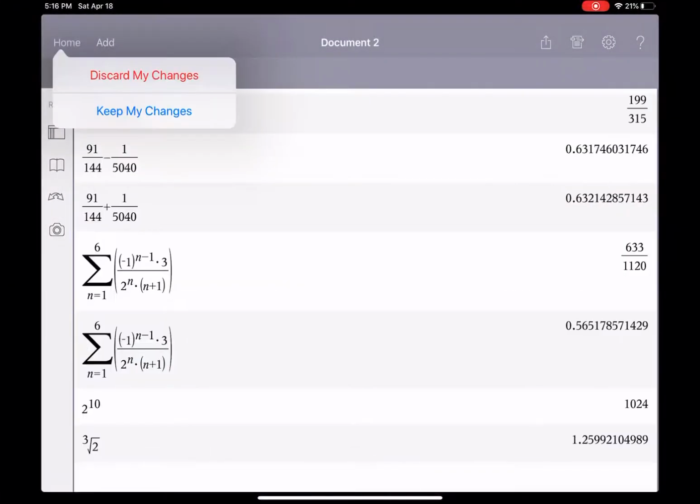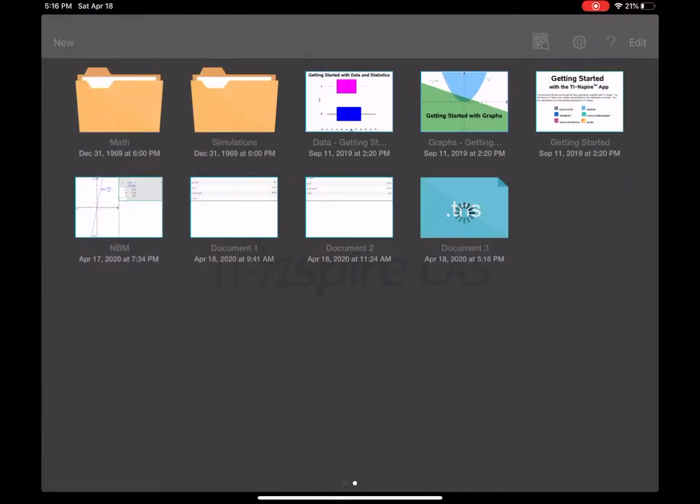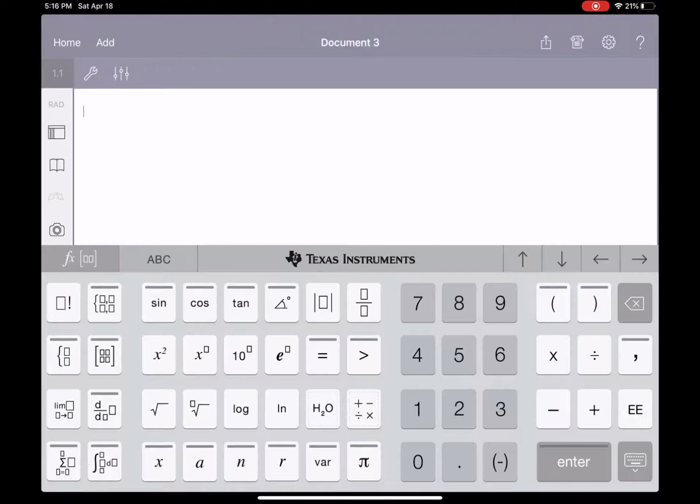And you know what? I'm just going to get a blank one. Yeah, there we go. So I do have a little summation button that's right over here. And it puts an obnoxiously large sigma there. And I'm going to start with n equaling 1. And then go up here, not to infinity, but just to 6. And then inside here, we want to put our sequence. And I can do this with a little fraction bar. And it was in parentheses, negative 1. Get out of the parentheses here and raise that to the nth power.